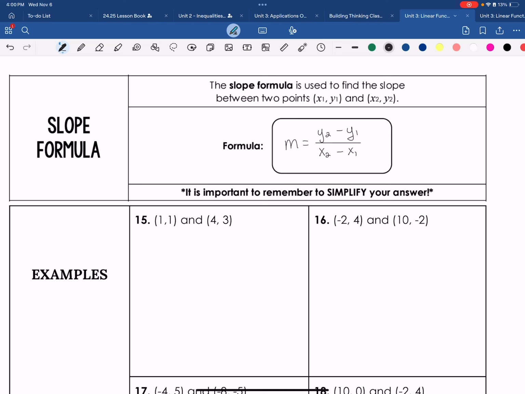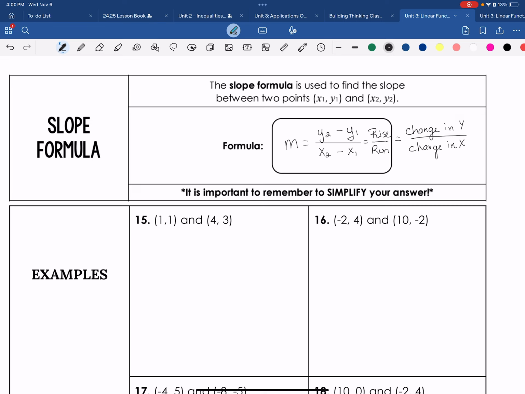So again, change in y, which is my rise, over my run, change in y over a change in x. Right? So everything's exactly the same. We're just looking at it from a different lens because we're given different information.